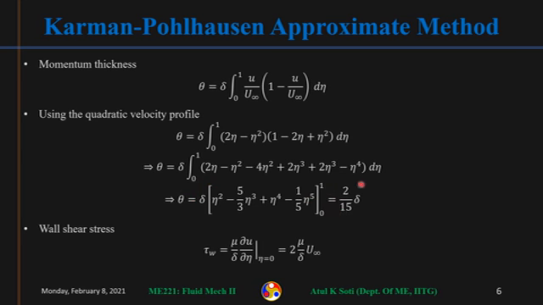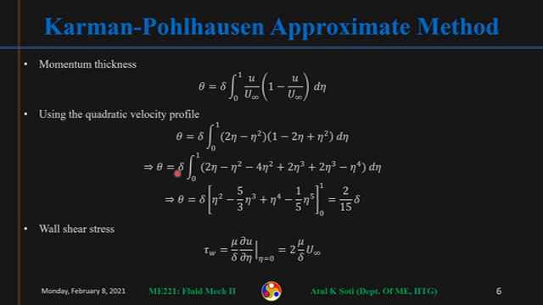Initially in the linear approximation, what we got was 1 by 6, and here we are getting 2 by 15. Which is smaller? This is smaller, so this momentum thickness is smaller than the linear case.